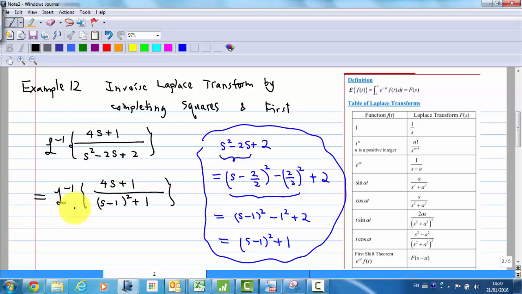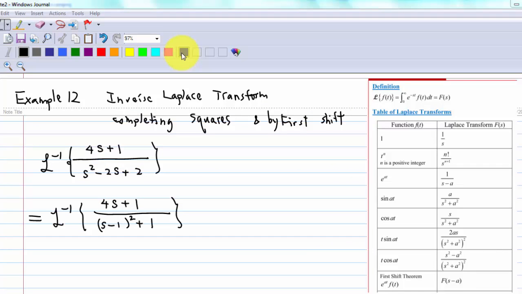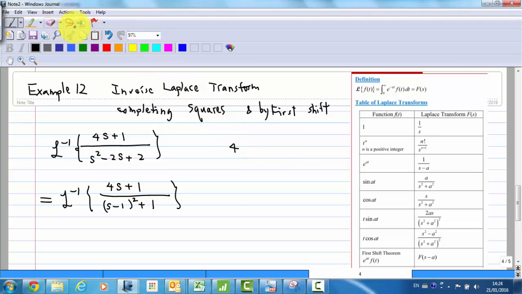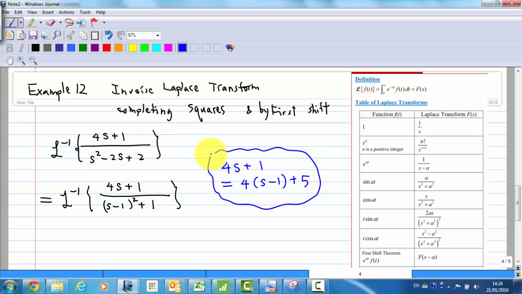Now, because s minus 1 appears in the denominator, we want to also make a copy of s minus 1 in the numerator. Let's focus on the numerator. The numerator is 4s plus 1, which is equal to 4 times (s minus 1), which is 4s minus 4, plus 5, so that you have a copy of s minus 1 also in the numerator.